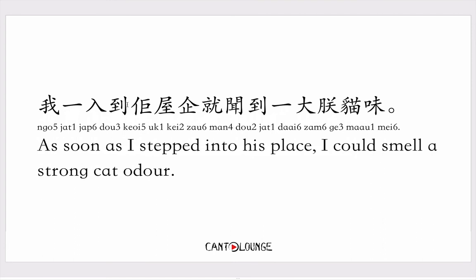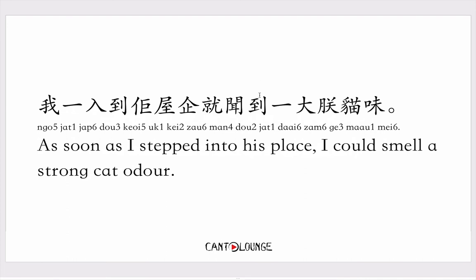So this is 到, not 到. This is not the capability 到. 佢屋企, his place or his house. So this doesn't translate to anything. Remember, it's just part of the construct. 聞到. Now this does mean you can, right?